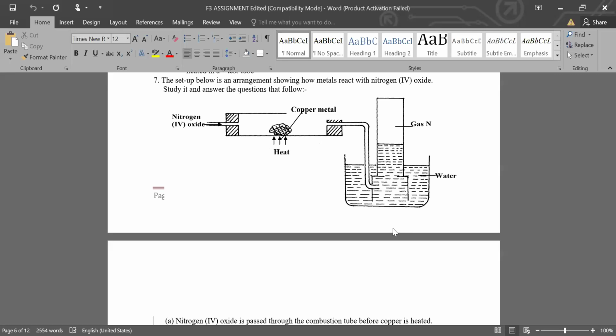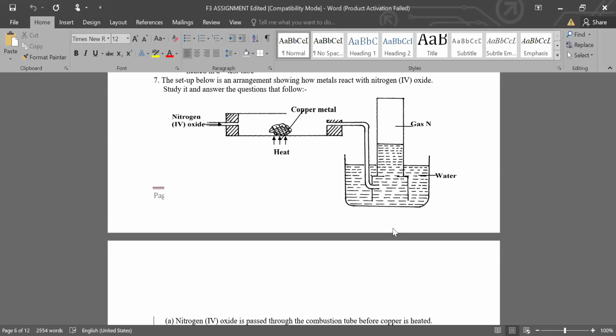A gas N is formed. Nitrogen 4 oxide is being passed over hot copper and a gas N is being formed. This question is testing how metals react with nitrogen 4 oxide.